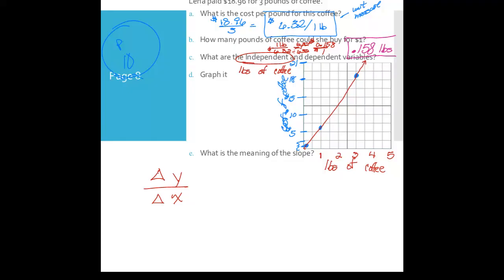So in this case, the change in our cost of coffee over the change in the pounds of coffee.